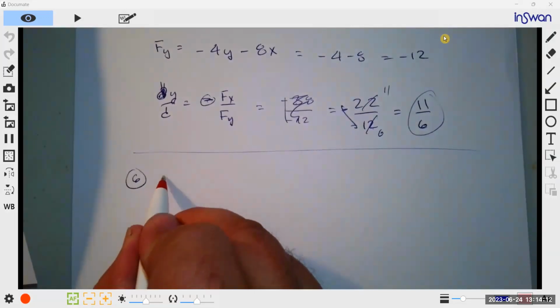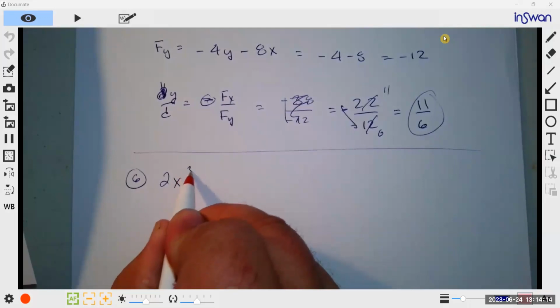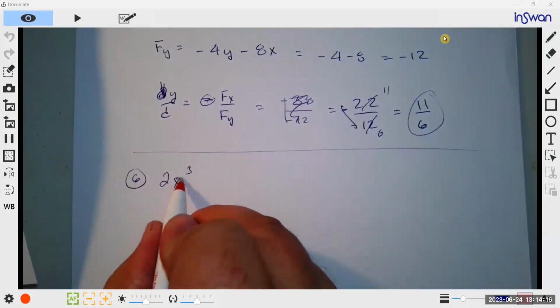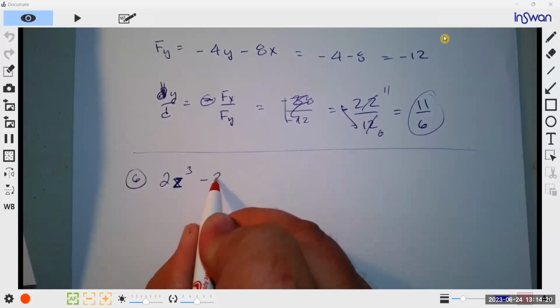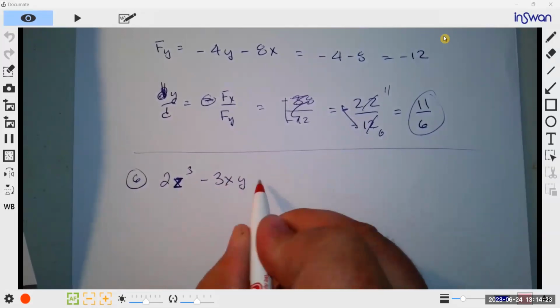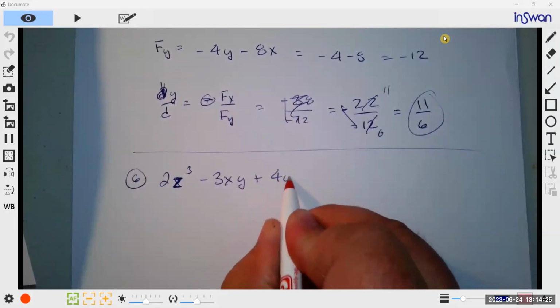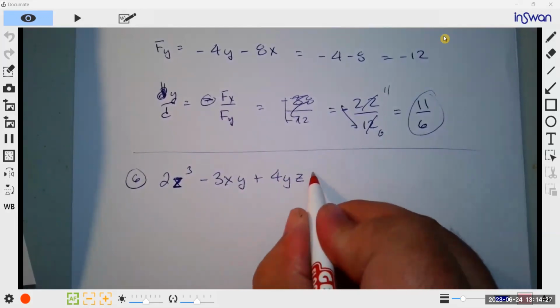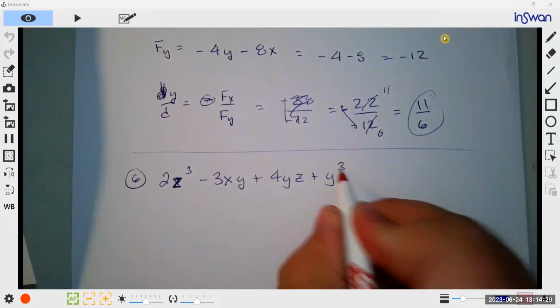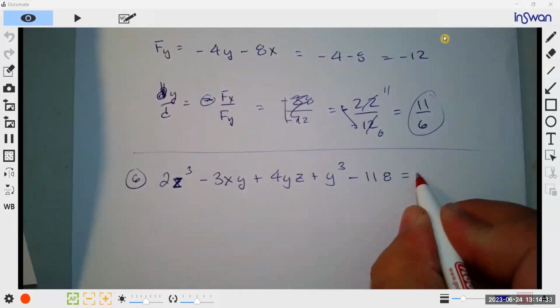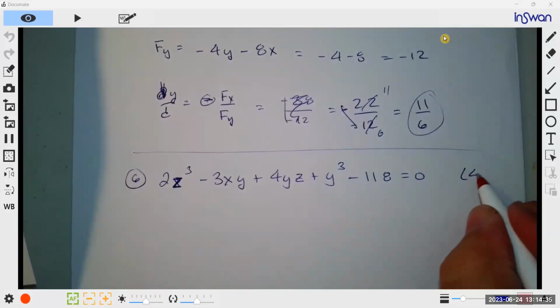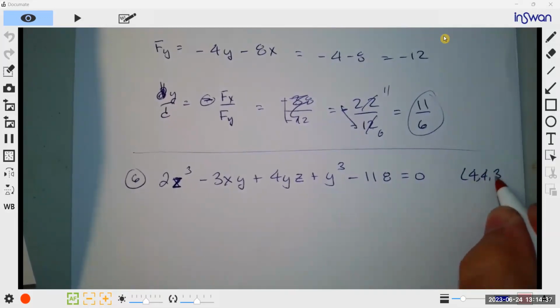So the equation is 2z cubed minus 3xy plus 4yz plus y cubed minus 118 equals 0 at (4, 4, 3).